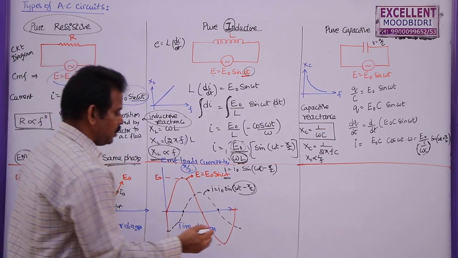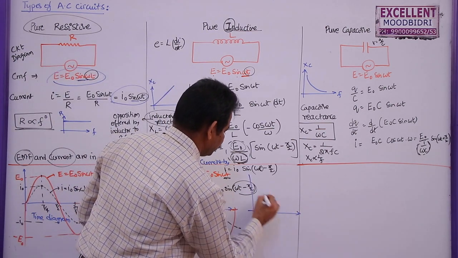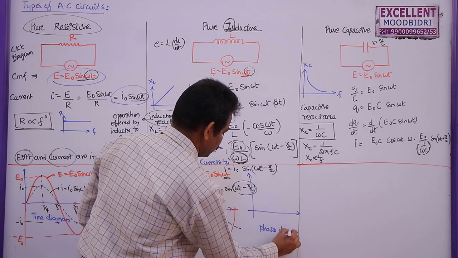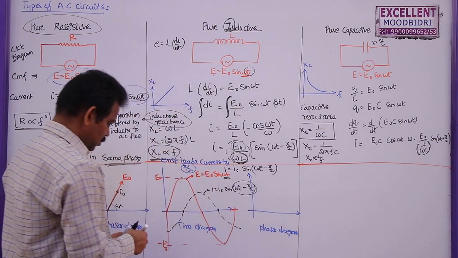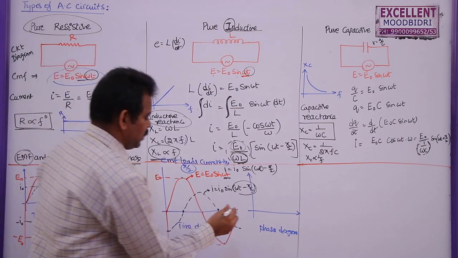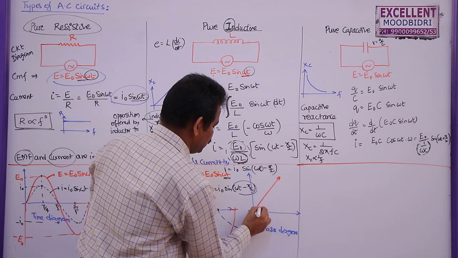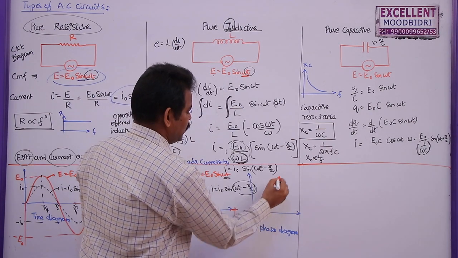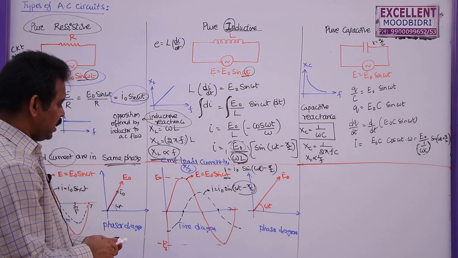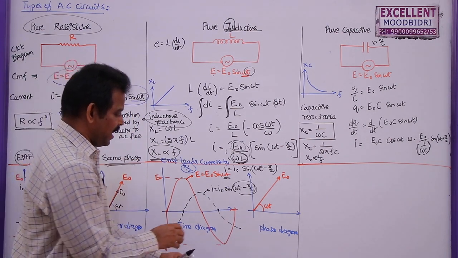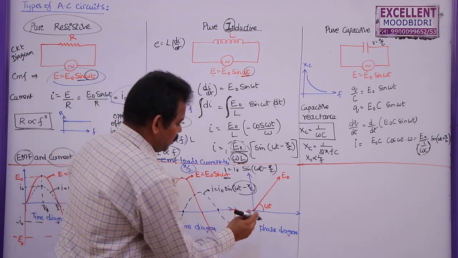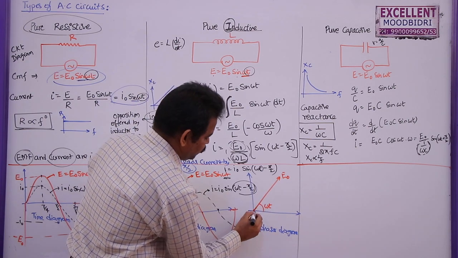Similarly, now let me draw the phasor diagram here. So here also I am going to represent this EMF with a line which makes an angle of omega t here. This is omega t, this is E naught. But what about the current? The current lags by 90 degrees to this EMF. So I am going to draw the angle between this and the current to be 90 degrees.